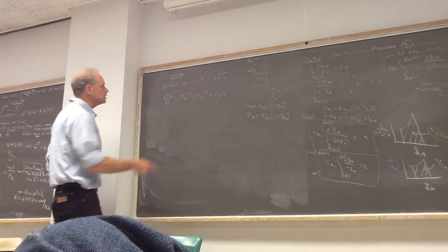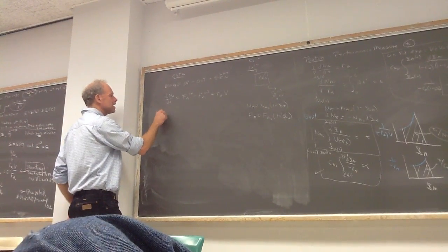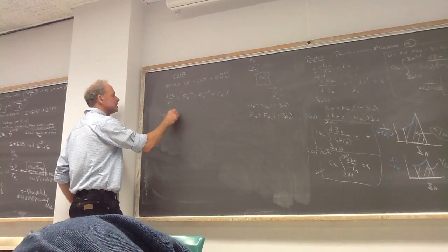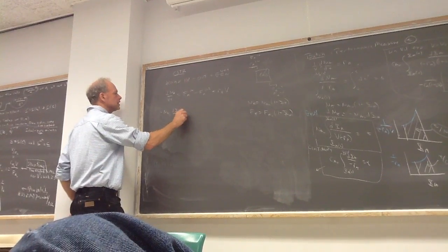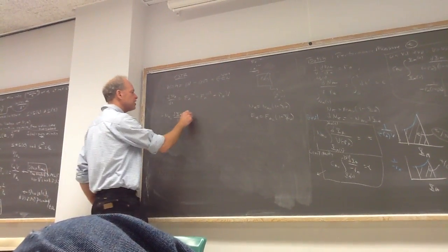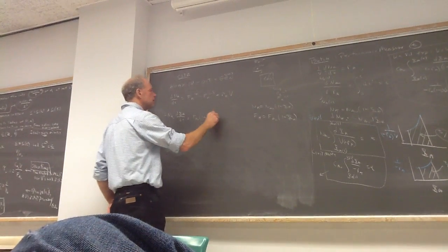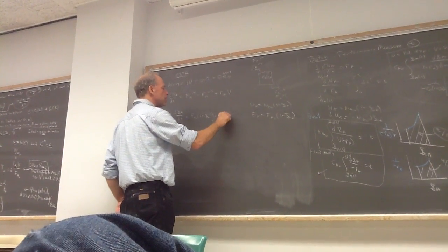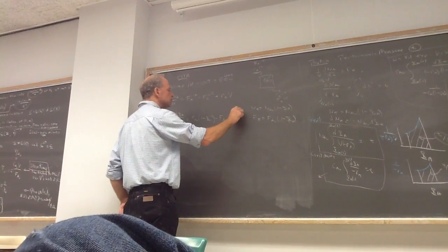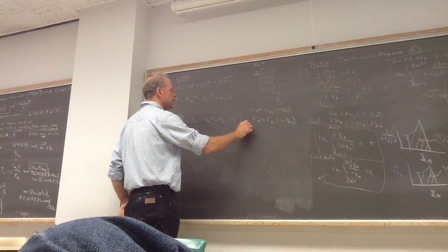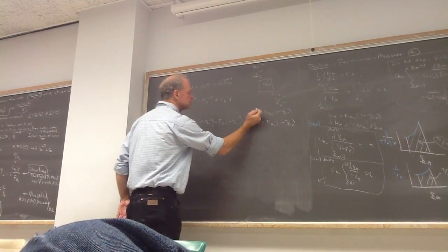So if I rewrite this, I have minus Na0 dXa/dt is equal to Fa0 (1 minus X in) minus Fa0 (1 minus X out) plus RAV.